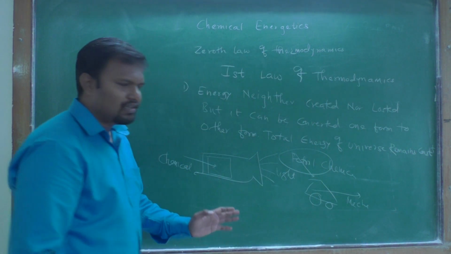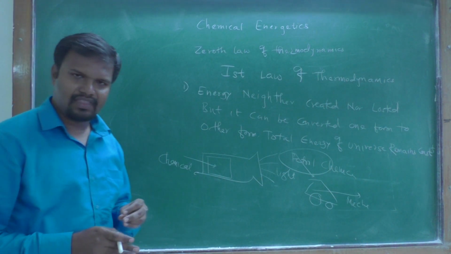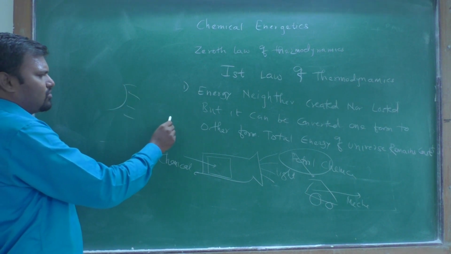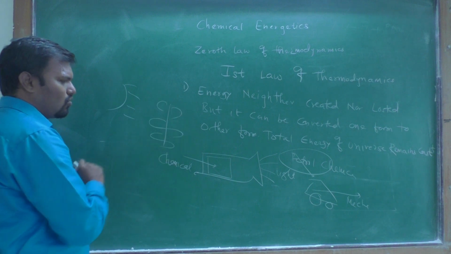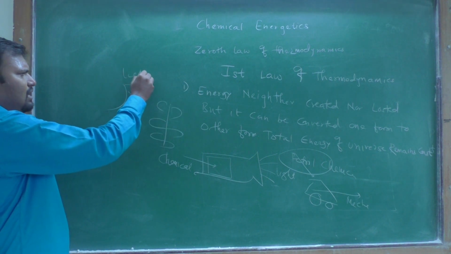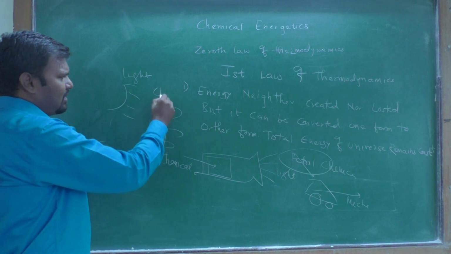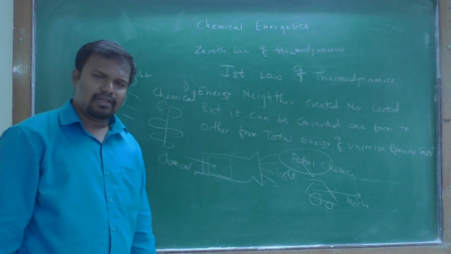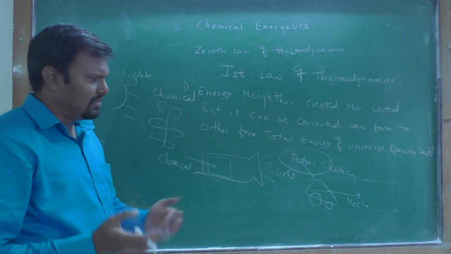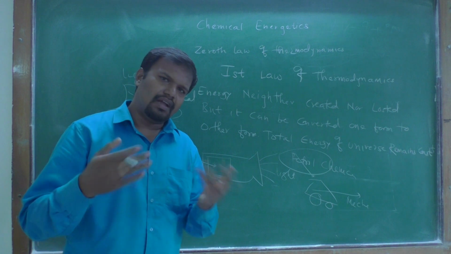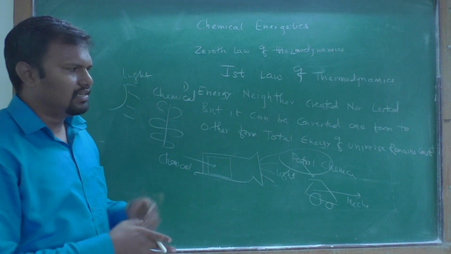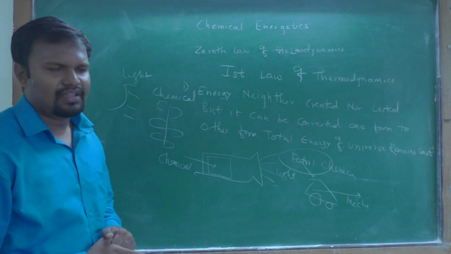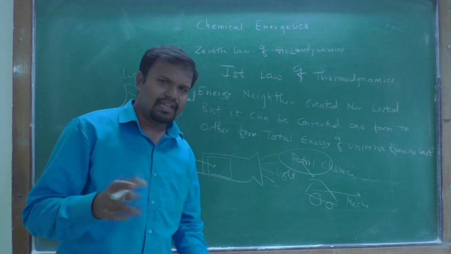Mechanical energy means displacement is there. Similarly, if sunlight falls on a tree, it grows. Therefore light energy is converted into chemical energy, isn't it? Sometimes we eat food and we can do our daily life work. It means the chemical energy is converted into our mechanical energy.